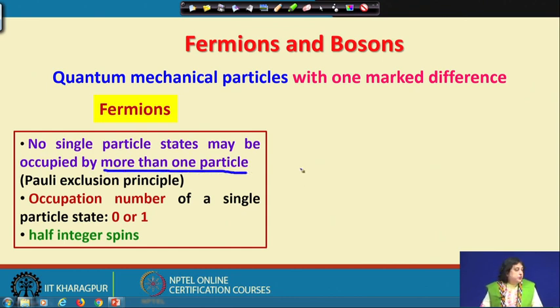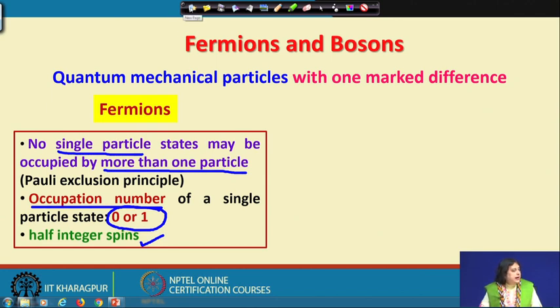I will explain what each of these terms in this definition means, but at present it seems to imply that if you have a single particle state, then the occupation number of this single particle state can be either 0 or 1. Okay? And fermions are usually characterized by half integer spins.